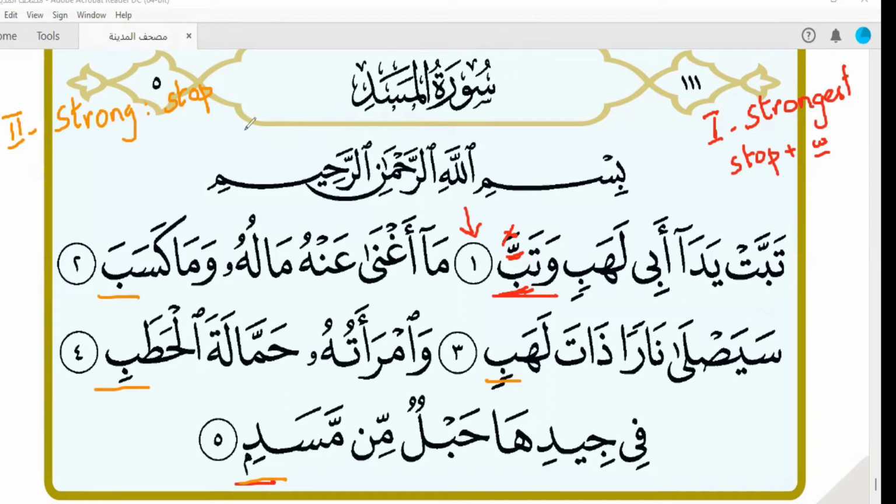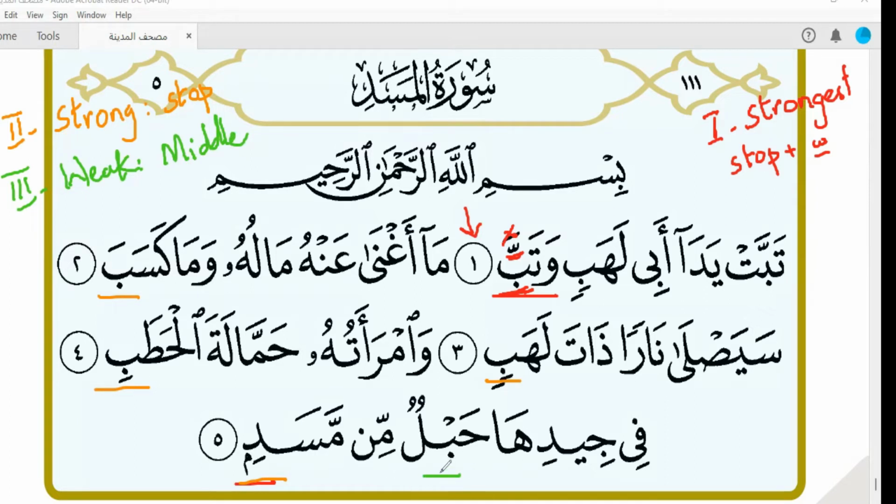Now the last one is called the weak qalqala. It's called weak because it comes in the middle of a word or in the middle of a sentence and you are in a flow and you're not stopping on that letter. That's why you just make the qalqala weak and go ahead. Like here, habelun. You don't do habelun like that.